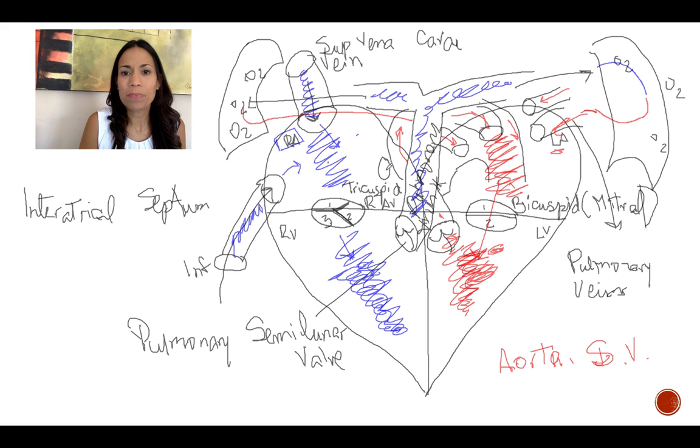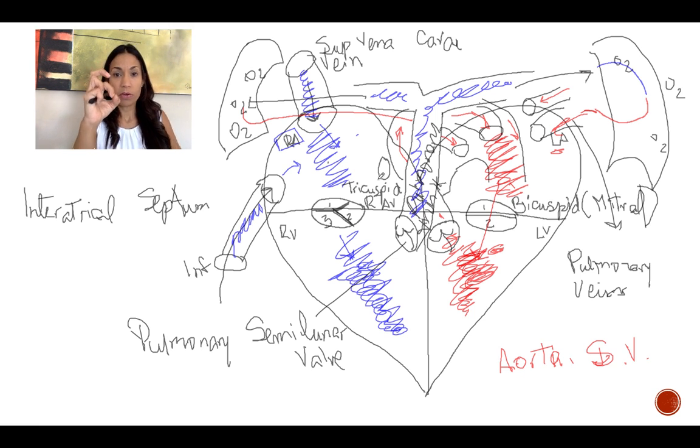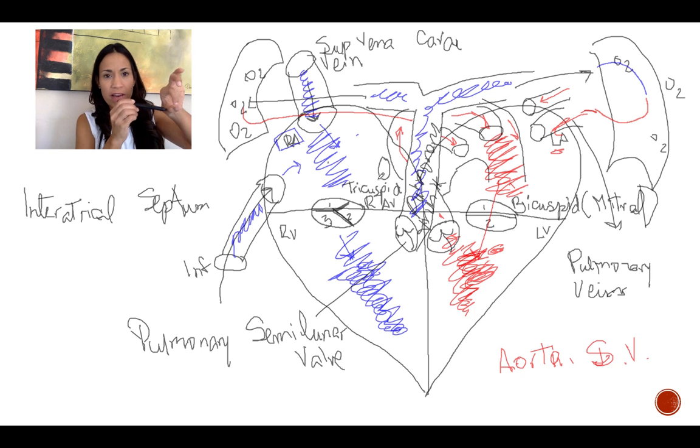It's a scar called the fossa ovalis. When we were in mommy's belly, these two atria communicated through a hole that is called, or was called, the foramen ovale. Foramen, opening, ovale, oval in shape, and it used to communicate both circuits, the blue one and the red one.